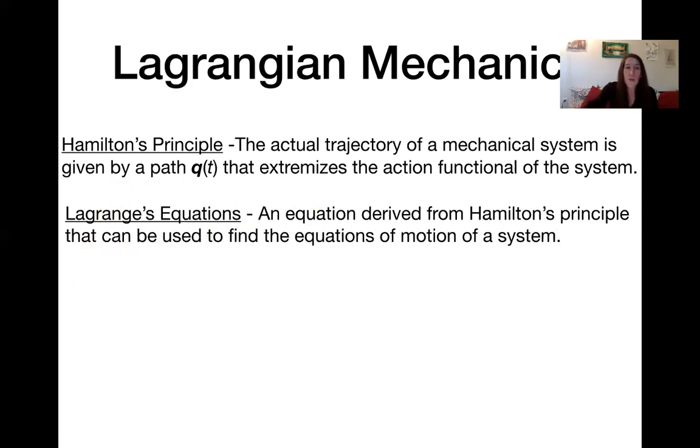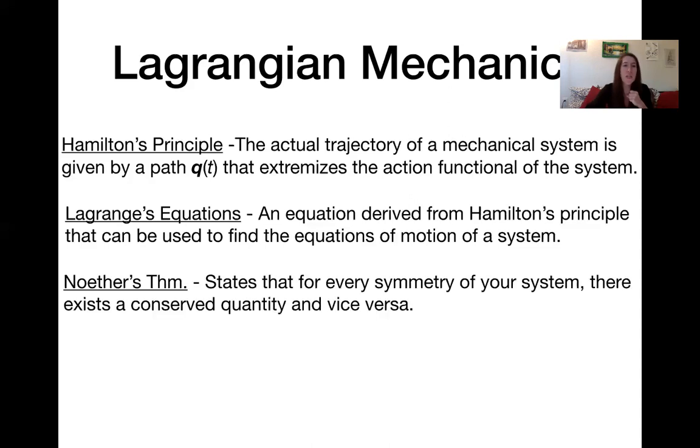All right, so after we learn about Lagrange's equations, which really is the meat of this last part of the class, and this is really the main thing that we're going to want to learn how to do, apply Lagrange's equations, we'll introduce something known as Noether's theorem, which is really a beautiful, amazing theorem that tells us for every symmetry of our system, there exists some conserved quantity and vice versa.